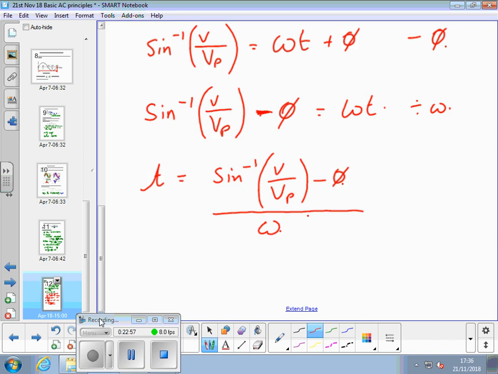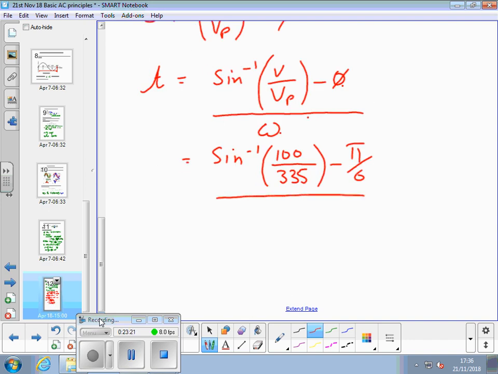Agreed? And then we want to put the values in. So that's sine to the minus 1 of 100 over vp 335, minus pi over 6, divide all that by, what was it, 450 pi, don't forget the pi. Plug those numbers in your calculator and see what you get.